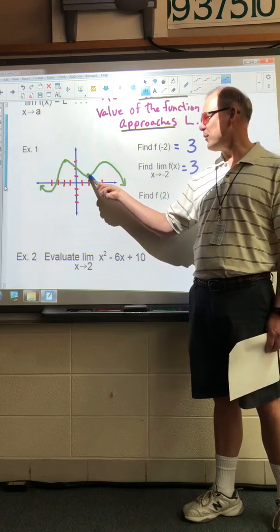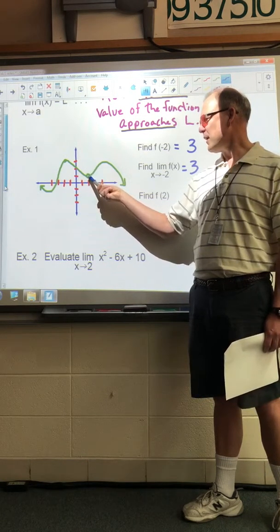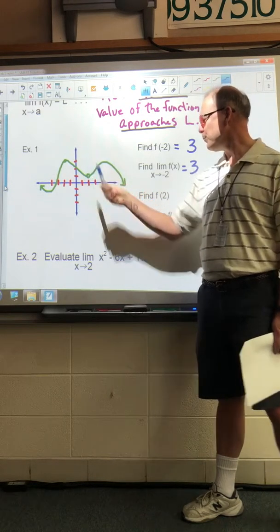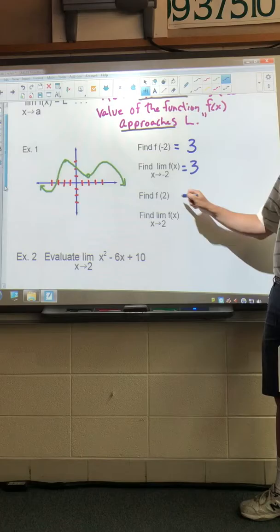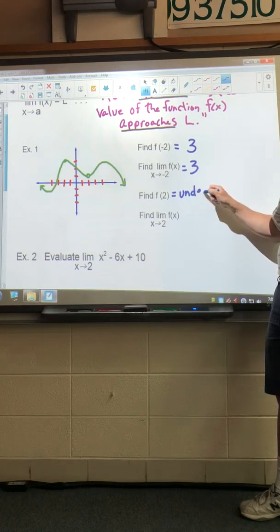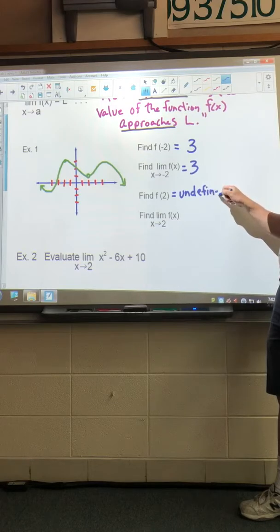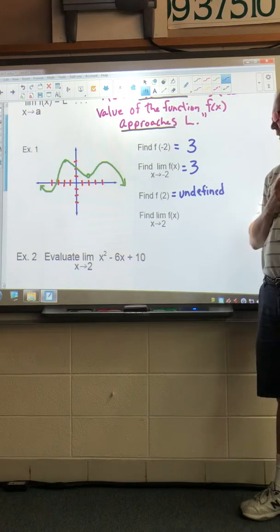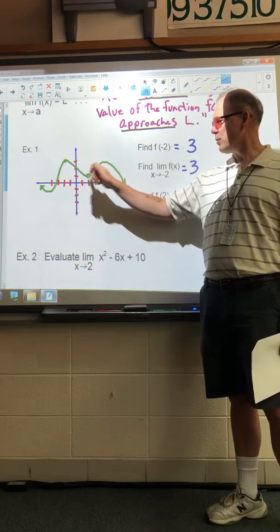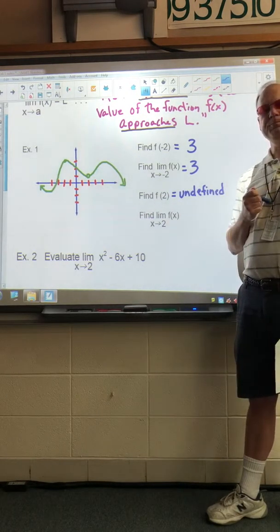So there's a point missing there, and I don't see any other points when x is 2. So f of 2 is undefined. When x is 2, there is no y value.